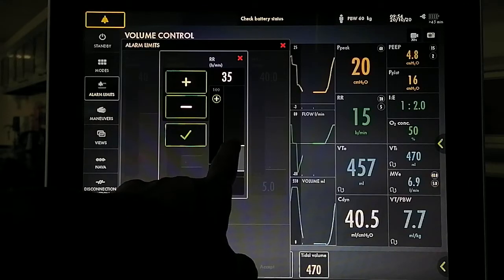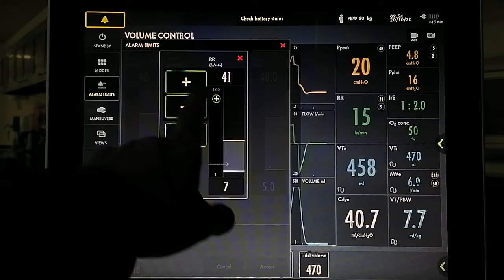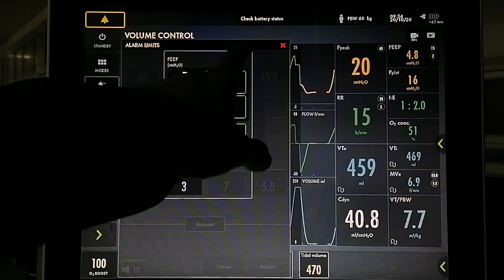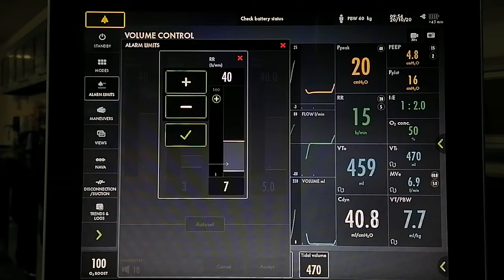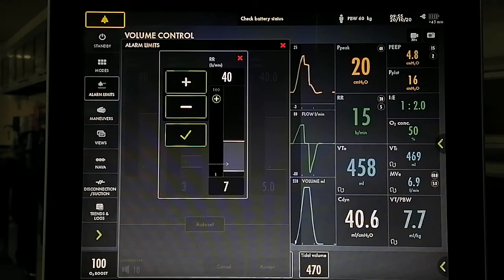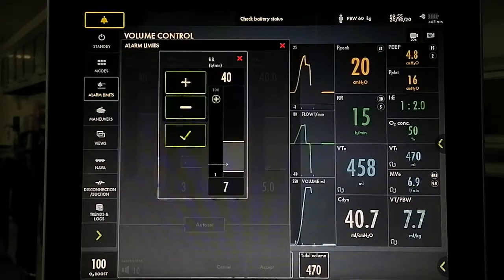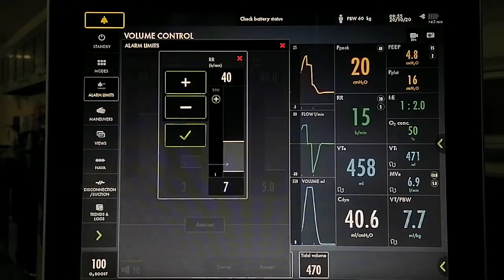Usually that is our guide. For the low alarm, remember that if you are in volume control mode, this alarm will not really be active, because in volume control the ventilator is time triggered and patient triggered, so the time-triggered rate will be the minimum setting.